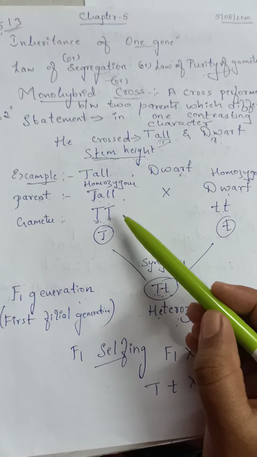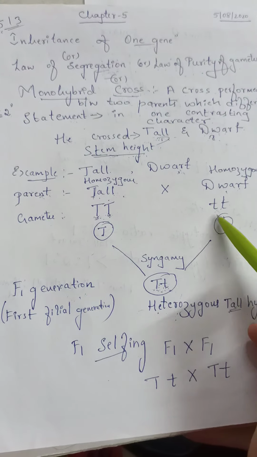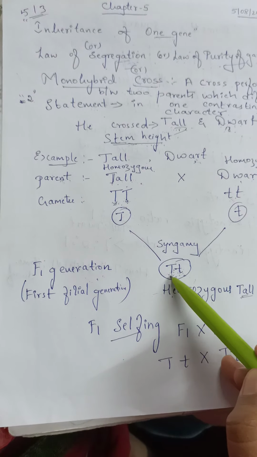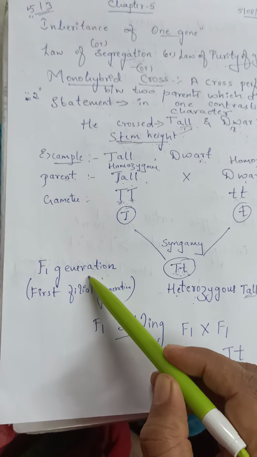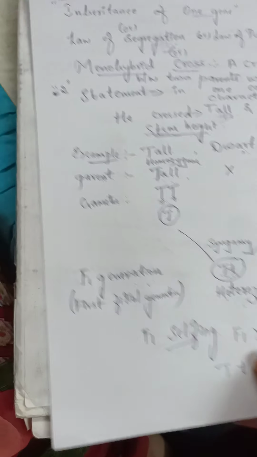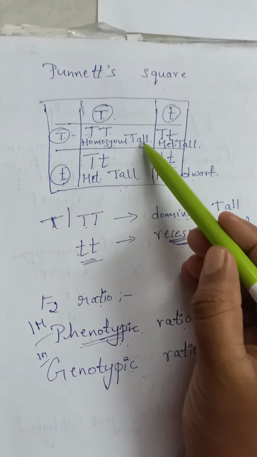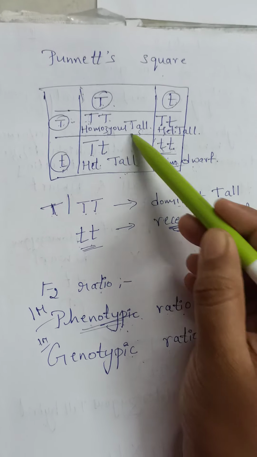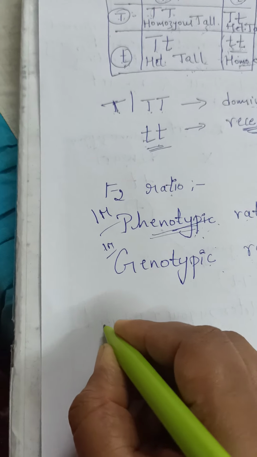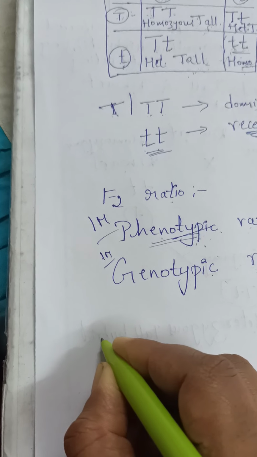See here, when a pair of contrasting characters are taken and crossing is done, both the characters come and stay together in F1 generation. But when F1 selfing is done, all the characteristic features will separate or segregate. So this is the statement of law of segregation or law of purity of gametes.